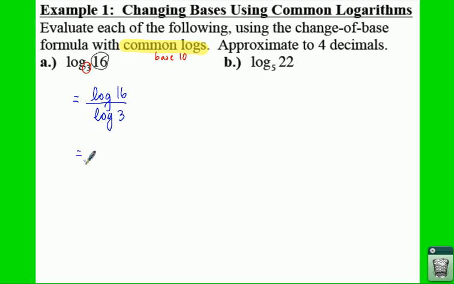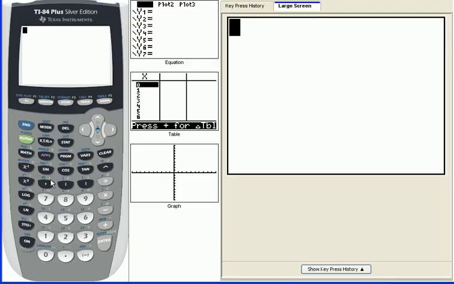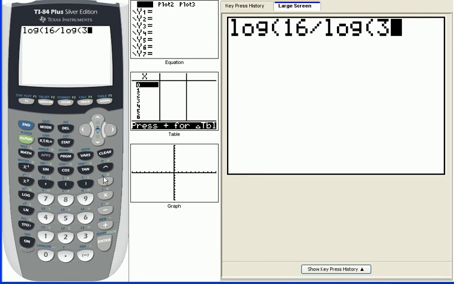And then in order to evaluate it, you go to your calculator and hit log 16 divided by the log of 3. Now the problem here is this is not going to evaluate correctly because we forgot to put a parenthesis after the 16. If you forget the parenthesis, your calculator is going to take 16 divided by the log of 3 to find that answer, and then take the log of that answer.